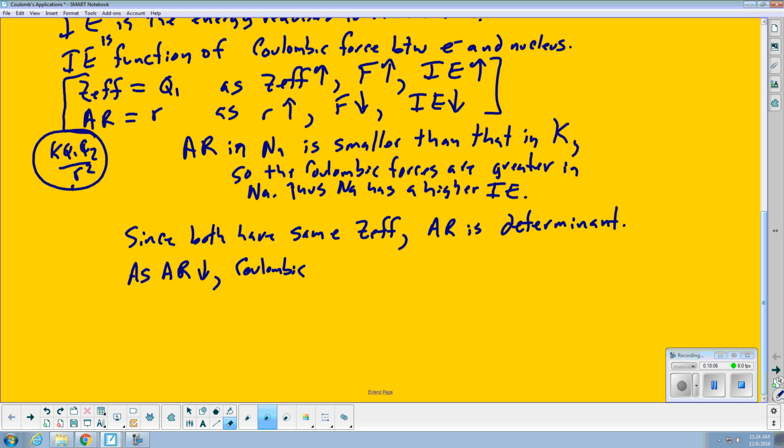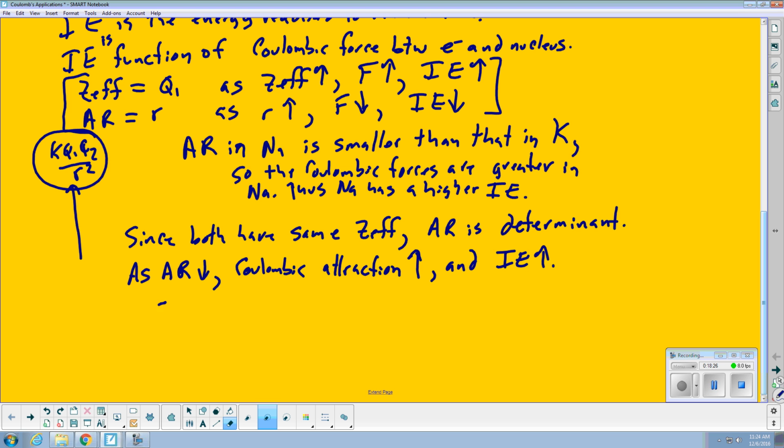R is in my denominator, so as my radius gets smaller, my Coulombic attraction increases, and then the energy required to overcome that Coulombic attraction, ionization energy, increases. Great.